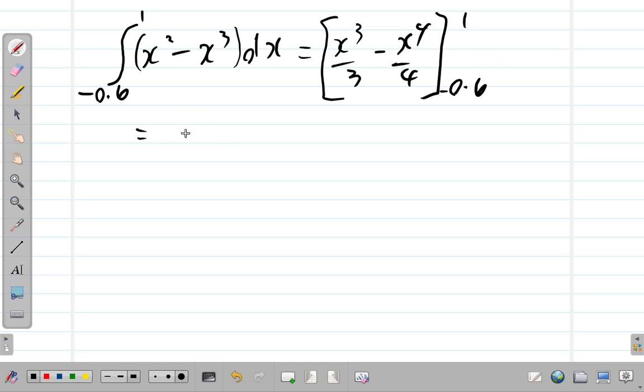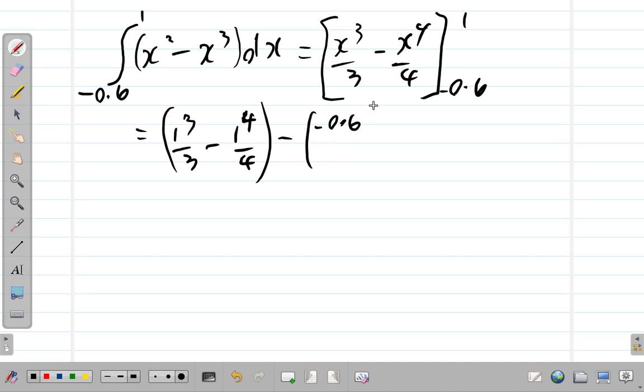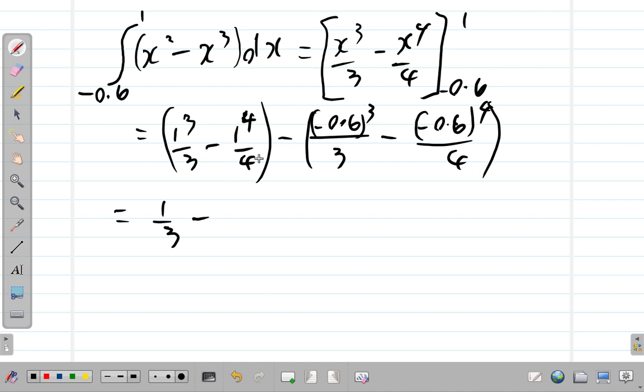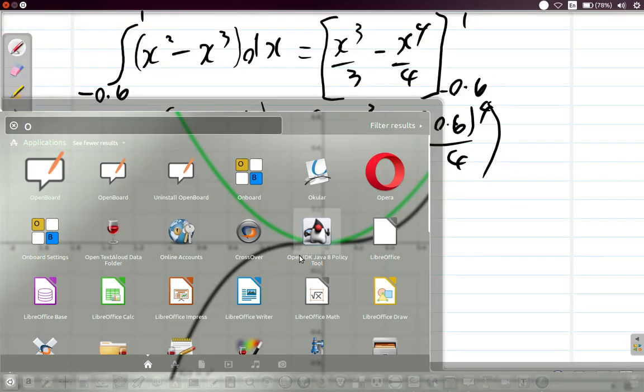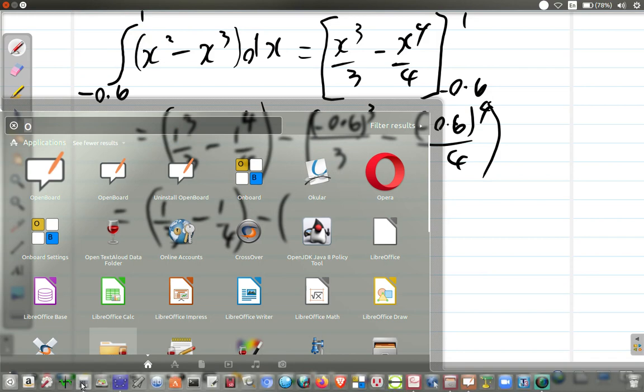So what you would have is 1 cubed over 3 minus 1 to the 4th over 4, minus negative 0.6 cubed over 3 minus negative 0.6 to the 4th over 4. 1 cubed over 3 is 1/3, minus 1 to the 4th over 4, that's a quarter.